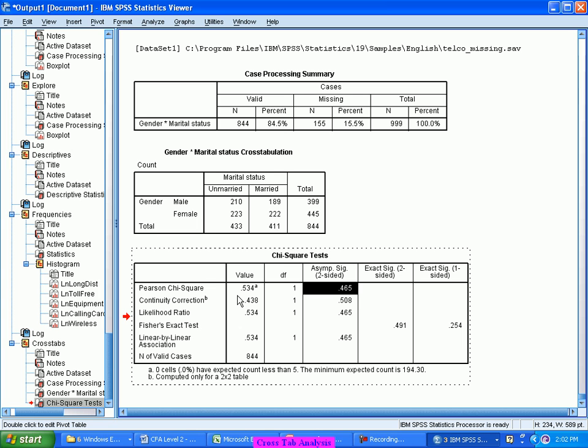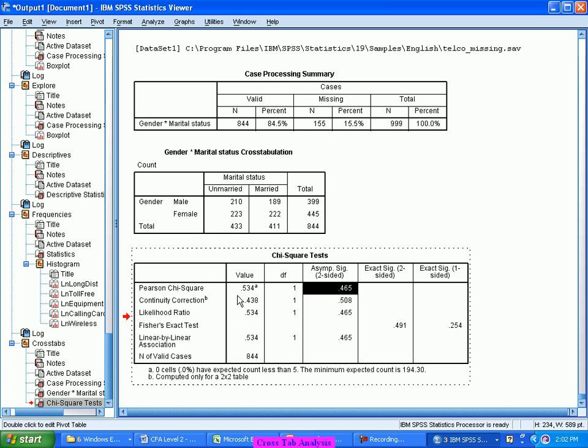Right now, because the tool is doing all this, if I can understand the output the tool is giving, that is more than sufficient. Based on this, it is telling me that the significance level is 0.465.